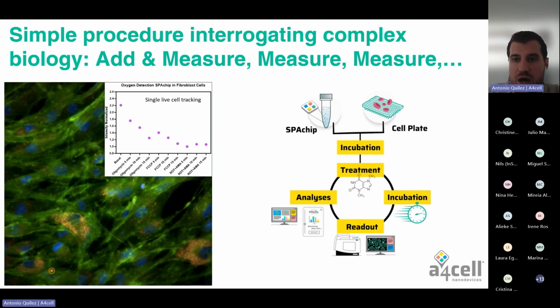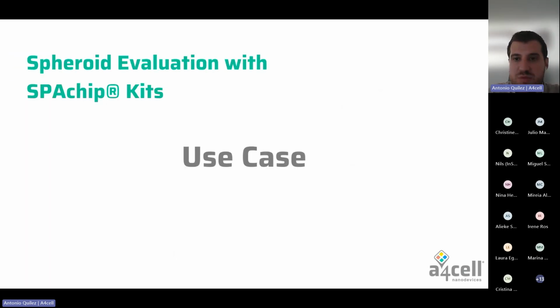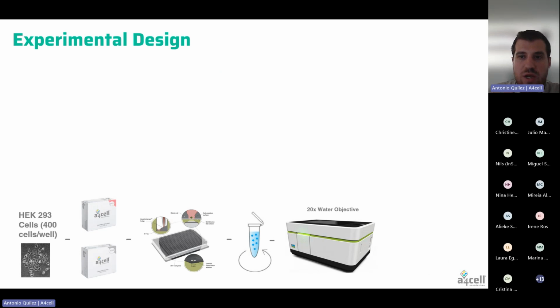So now I'm going to move on to the specific use case that I wanted to share with you today, where we are evaluating spheroids with different SpheroCHECK kits. So in our setup, we included HEK293 cells, this kidney cell line, where we added also the pH kit and also the reactive oxygen species kit.